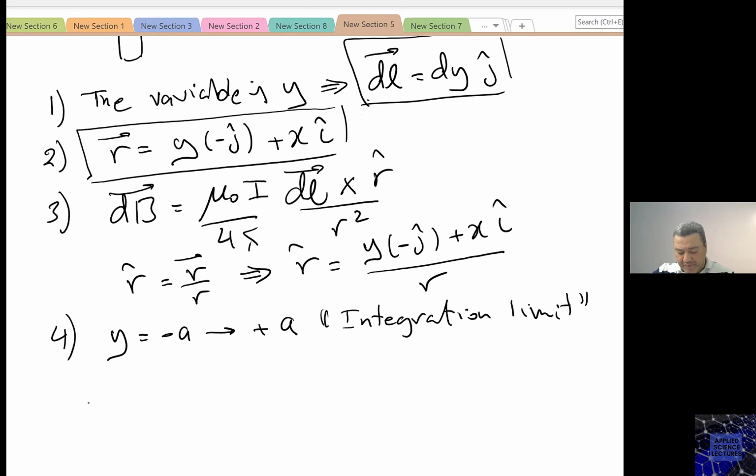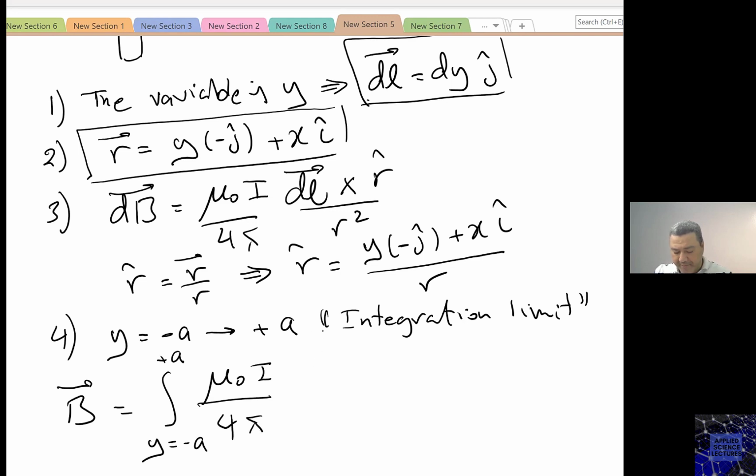So I have here B equals the integral of y from minus a to plus a, mu naught I divided by 4 pi.